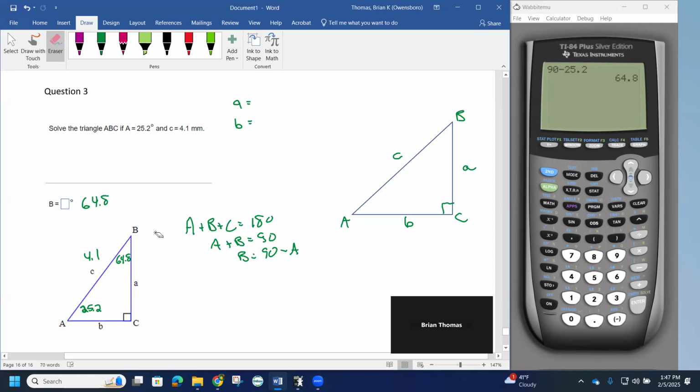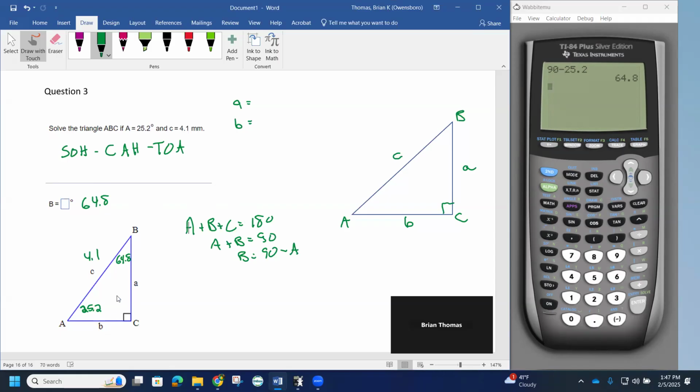So to find side A, what we can do is figure out using our trig functions, SOH CAH TOA, which one of these trig functions would be the easiest one to make this work.